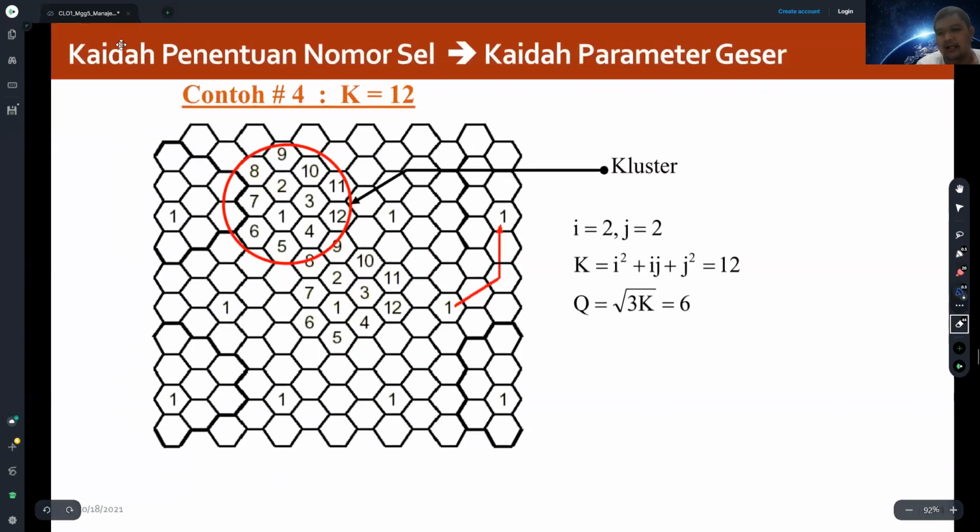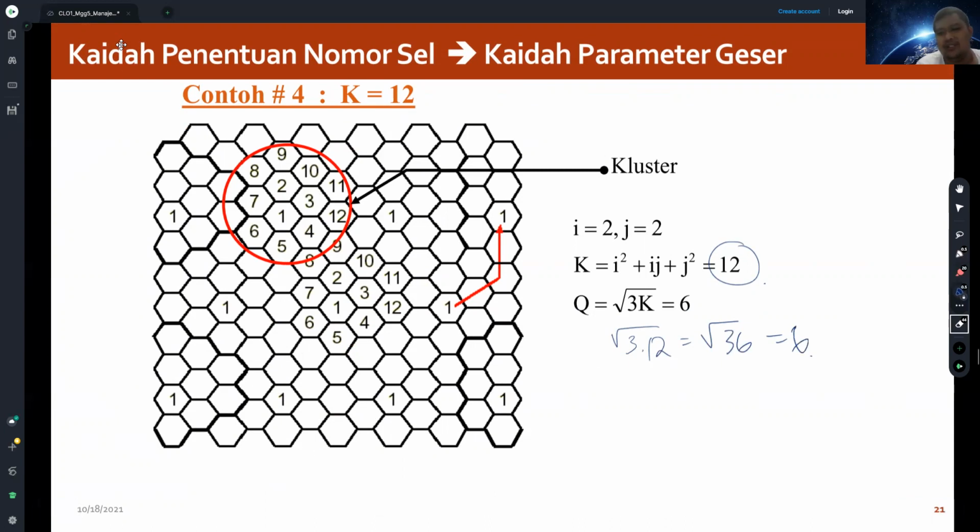Okay. Another example, if we are using cluster equal to 12, then the value of Q will be equal to root of 3 times 12, or root of 36, which is equal to 6.